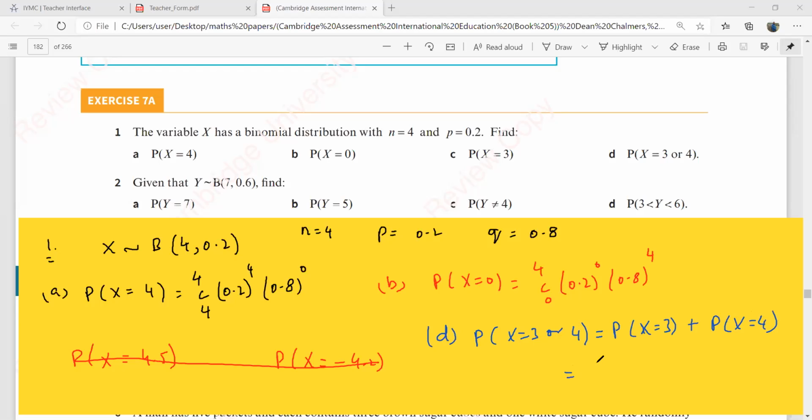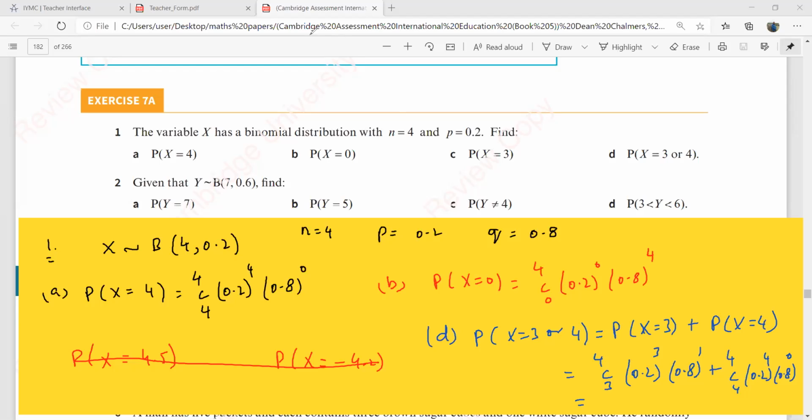So this would be 4C3, and then there is 0.2 raised to power 3, 0.8 raised to power 1, plus 4C4, 0.2 raised to power 4 and 0.8 raised to power 0. And then you will use your calculator to find this probability. Okay, bachcho?